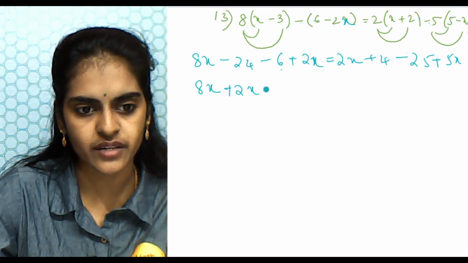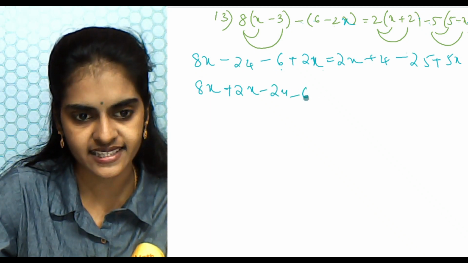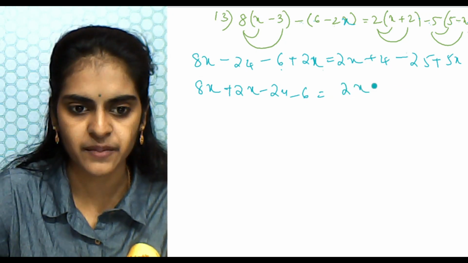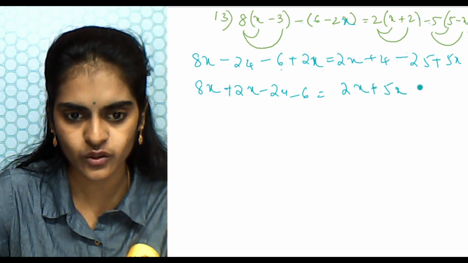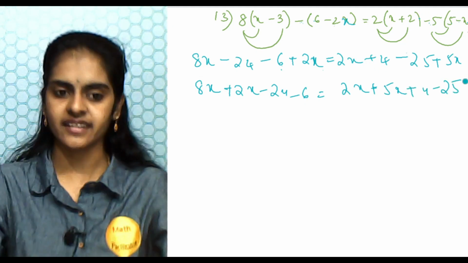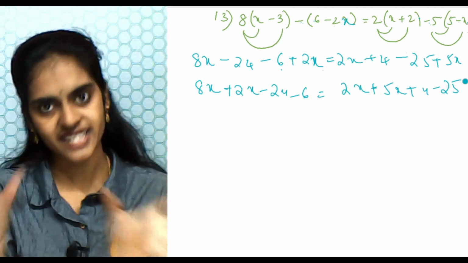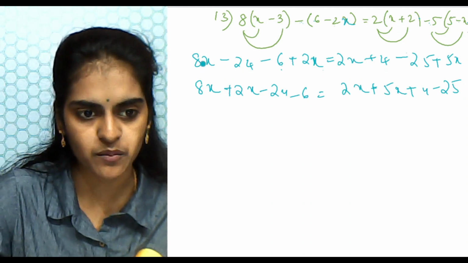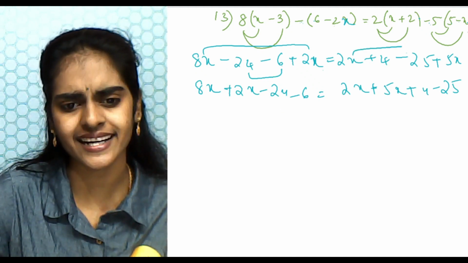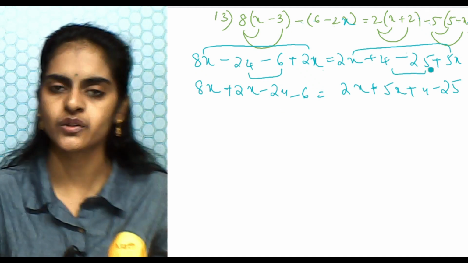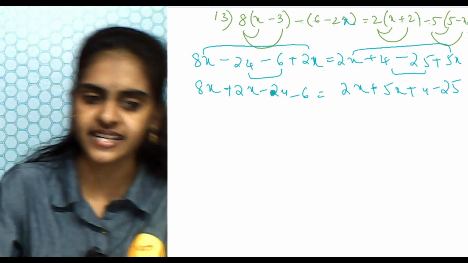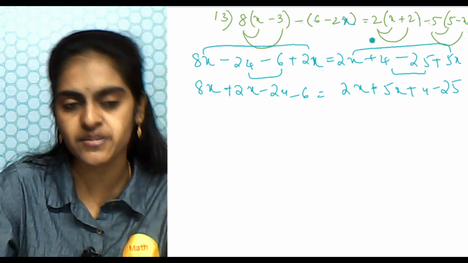You have minus 24 minus 6 is equal to, this is 2x. Let me bring 5x this side, so it is 5x plus 4 minus 25. Nothing but all the terms are on the same side itself. Just I am bringing 8x and 2x together and these two together so that I can add now. I'm not sending it from left hand side to right hand side. I'm just arranging the terms on the same side.